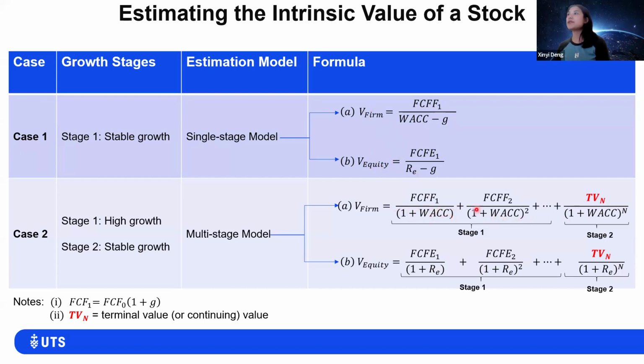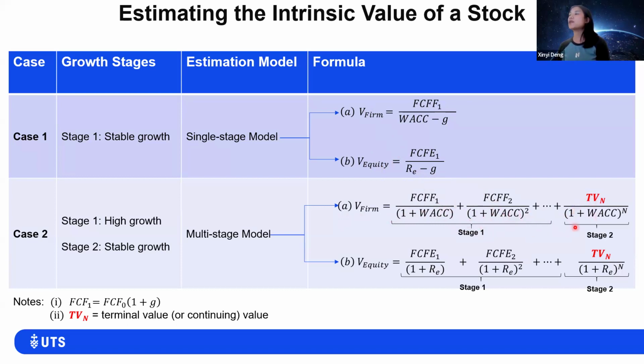Let's also take a closer look at the formulas of the two-stage model. For the two-stage model, we discount the stage 1 cash flows as usual, just using the usual formulas.